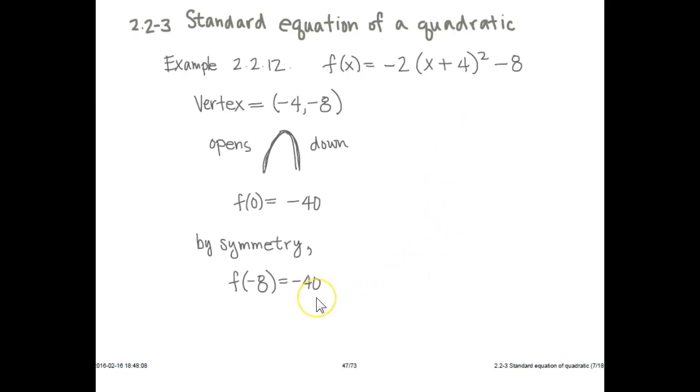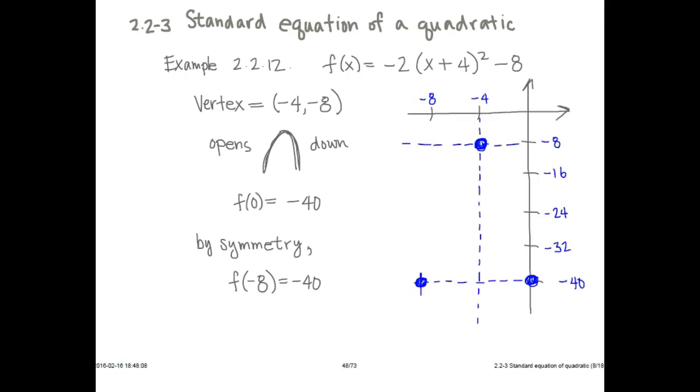When I go 4 more, I get this y-intercept's twin, doppelganger. Okay, so here are the relevant points, and there's the best parabola I could make with that one.